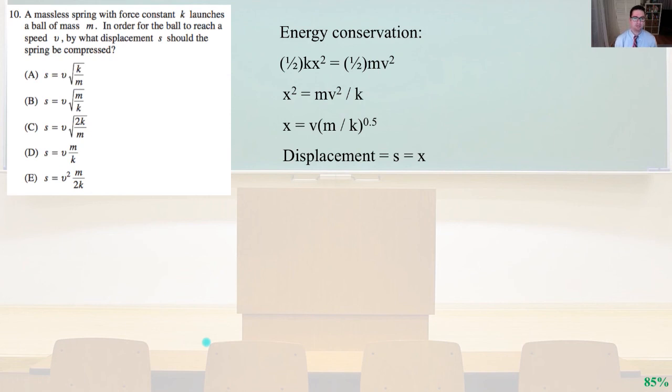So from there you can get, where x is equal to s in this problem, which is the displacement, x squared equals mv squared over k, the spring constant, and x simply equals the velocity times the square root of m divided by k.